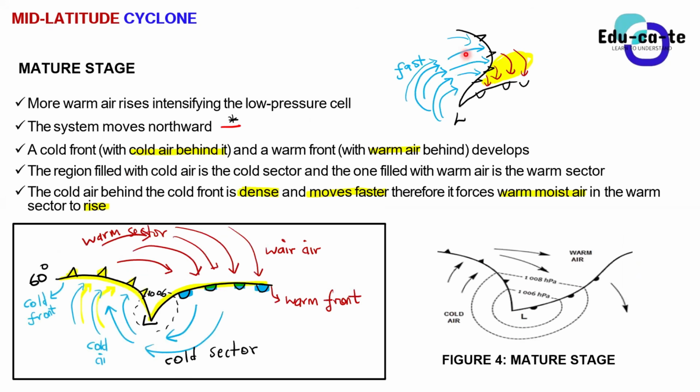So if you use your imagination, it will end up meeting and overlapping with each other. Remember these are just diagrams, guys. It is not what it really looks like, but they are just diagrams to try to describe it. So use your imagination a bit more to see that as this cold air keeps on pushing and pushing, this cold front will end up mixing with the warm front.